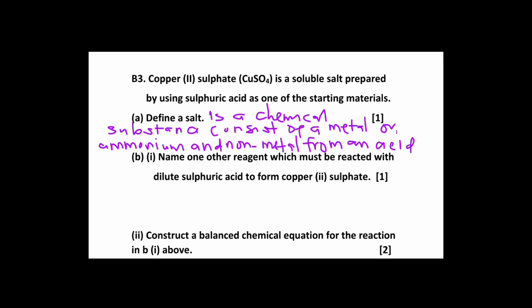This is a very good definition of a salt. So we are saying a salt is a chemical substance consists of a metal or ammonium and a non-metal from an acid. Every time a non-metallic part of every salt will come from an acid, and a metallic part will come from a metal or ammonium ion.